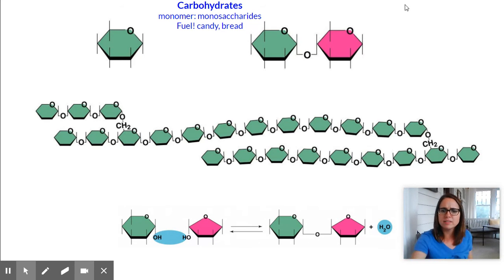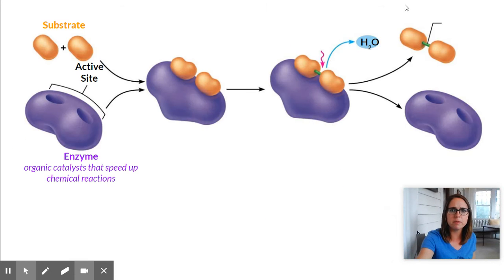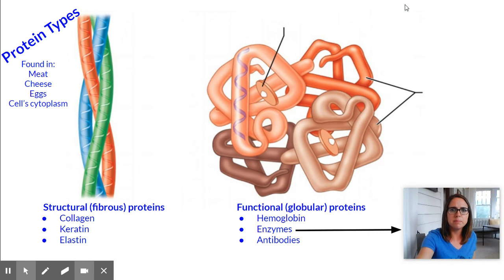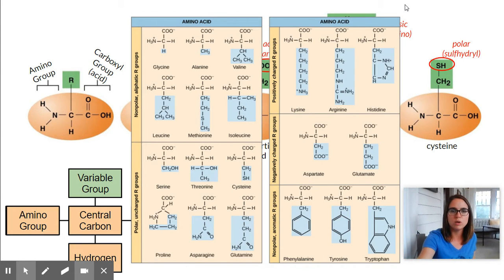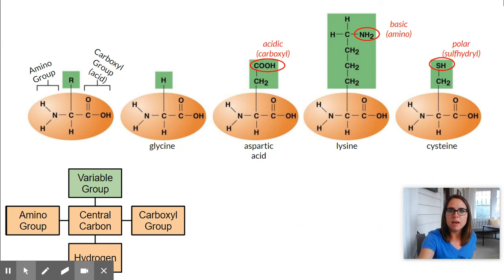I'm sorry, guys. I want to go back and mention one thing before I forget about proteins. One thing I want you to pay attention to on all of the molecules that we talk about today is what atoms we find in them. I don't have it written on the page, but it wouldn't be a terrible thing to write down.